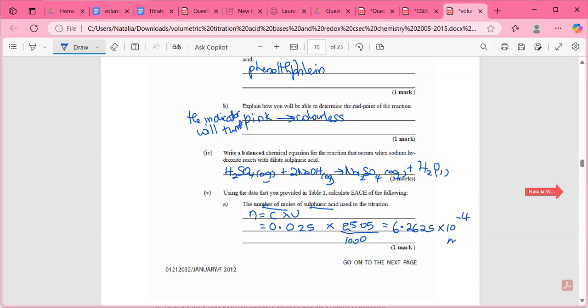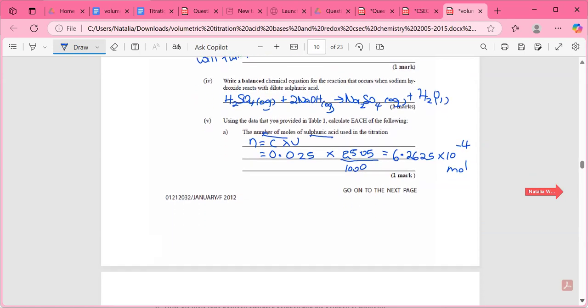So I get 6.2625 times 10 to the negative 4 mole. So that's what I got.